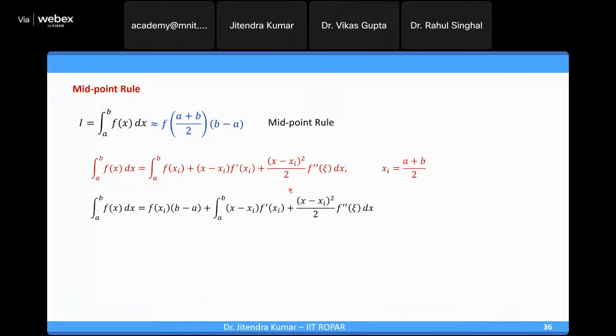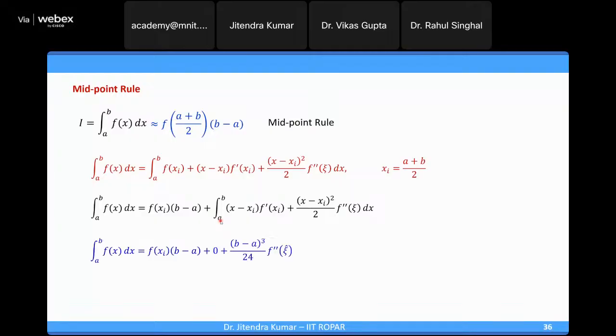Then if you integrate this, you will get the first part here, f(xi) times (b minus a). Xi is somewhere in between, so this is the middle of a and b. So you are getting this, which I'm calling the midpoint rule, and then the rest will go to the error part.